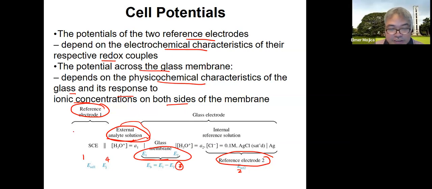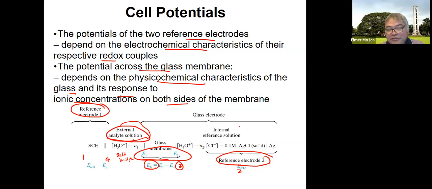This is across the, sana de-developing junction potential, the salt bridge. So the salt bridge separates the two reference electrodes. Okay, so the last one that you have there, the EB, that is your boundary potential. This varies with the pH of the analyte solution.